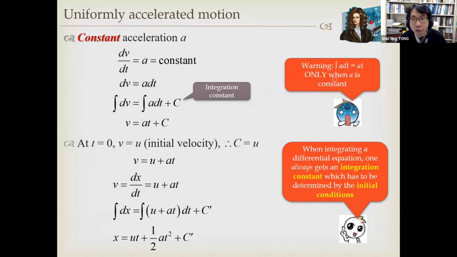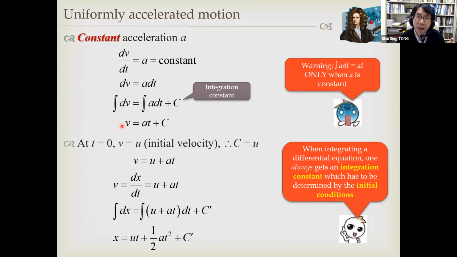And solving that differential equation will be difficult. So I give you a warning, don't do it wrong in the examination. You can't go from the integral of a dt to at in general. If a is a function of time, or a function of v and r, then you cannot do this. Now, so we got this formula.